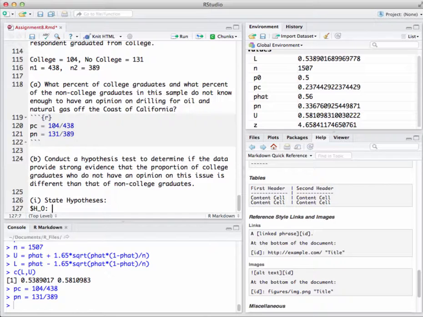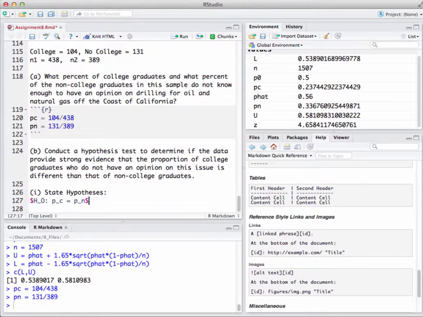Well, that those proportions, P sub C, is equal to P sub N. In other words, there's no difference between the two proportions. In other words, the proportion of folks who don't know enough to make an opinion who have gone to college is the same as those that have not. So keep that in mind, because that's going to be important. We're going to need to talk about that some more as we move through this, right?